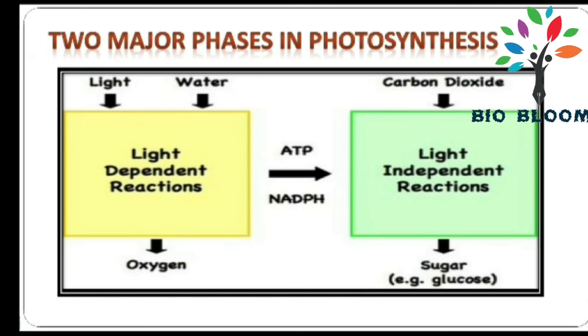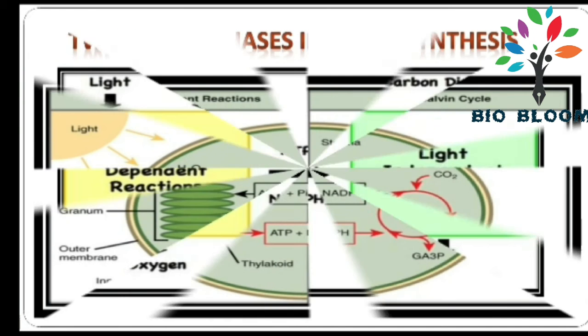For the light independent reaction, carbon dioxide is very important, and this carbon dioxide is used for the formation of sugar, that is glucose molecules.